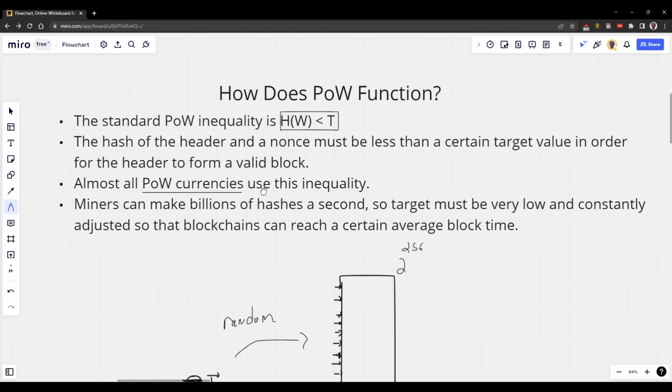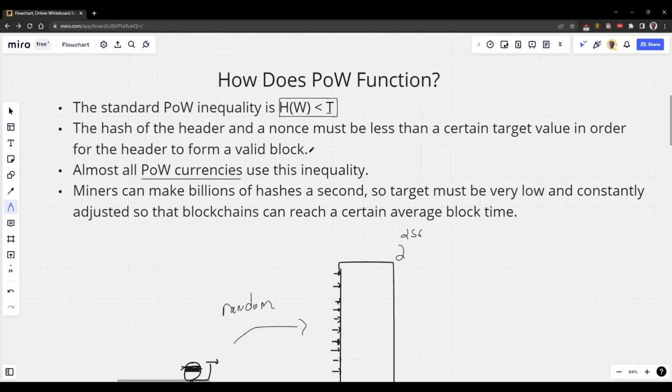And this target value, t, is usually extremely low, and it's adjusted so that an average block time can be reached by the blockchain. As the target is increased, the probability of finding a block also increases, while as the target decreases, the probability of finding a block also decreases.